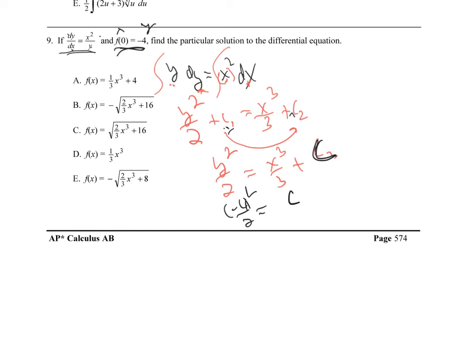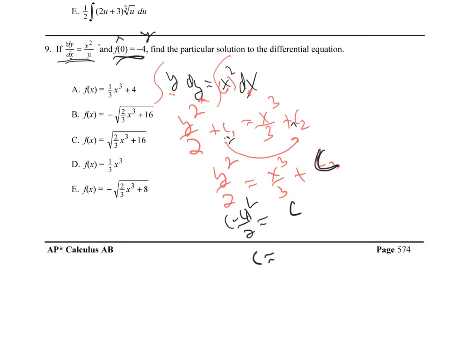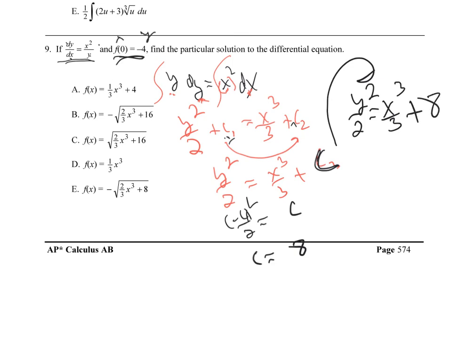There's my constant of integration: 16 over 2 is 8. So what my equation really is, y squared over 2 equals x cubed over 3 plus 8. But it's not an equation until you solve it for y. So I will leave the rest up to you.